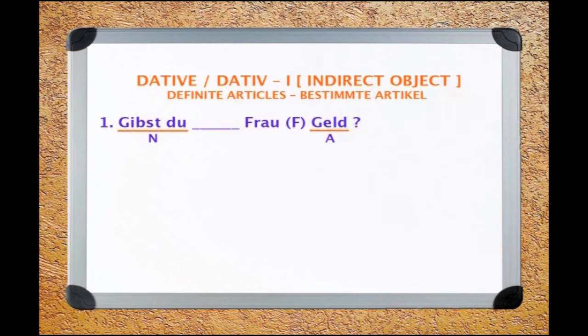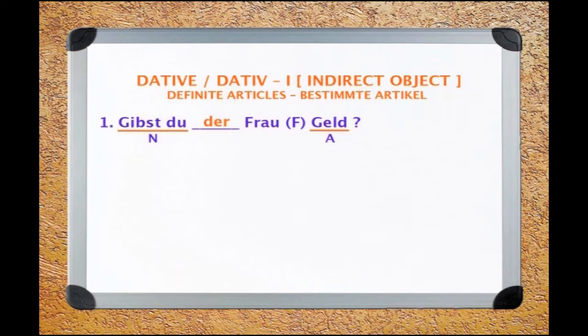We write the answer there, because here dative, as I told you, becomes the beneficiary of any action in the sentence. So, here the indirect object is Frau or the dative object is Frau, and here is the article for die Frau, as you know from the table, becomes der Frau.